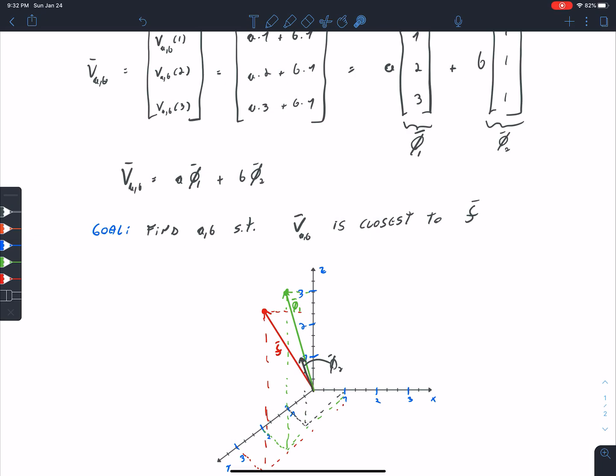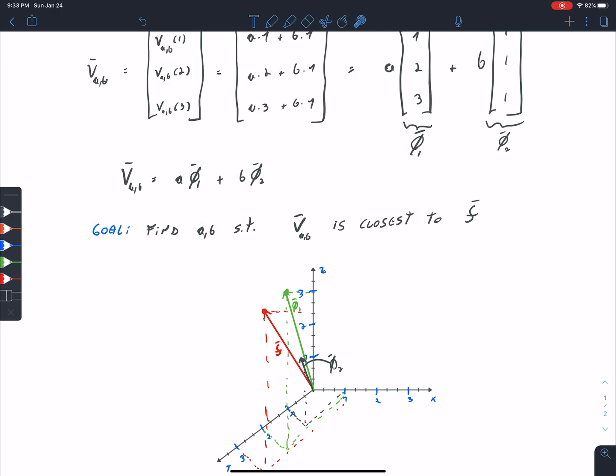So we're trying to add these two vectors, phi1 and phi2, and we're trying to multiply vector phi1 and phi2 by some constants in such a way that this vector f here will be this linear combination, closest to this point f.